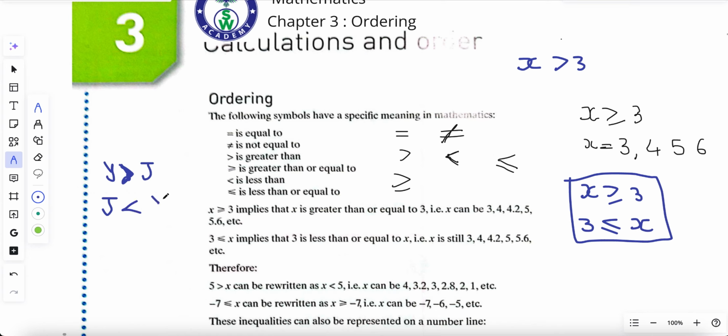If you say A is bigger than B, it means B is less than A, right? It's the same thing. So when you say x is greater than or equal to 3, it means 3 is lesser than or equal to x. Now let's move on quickly.